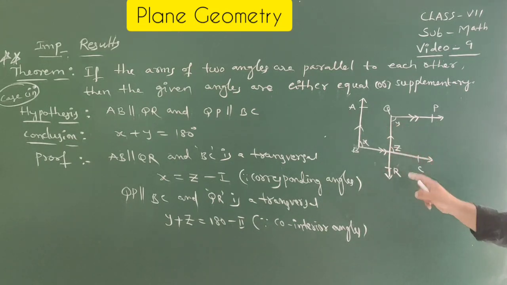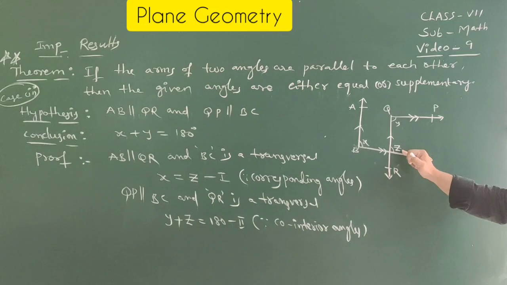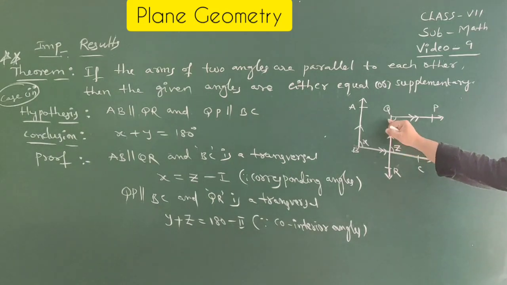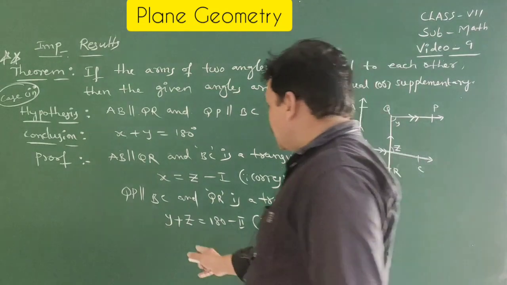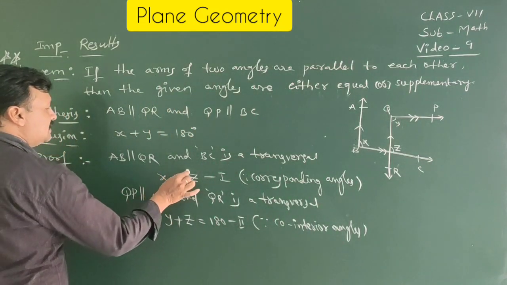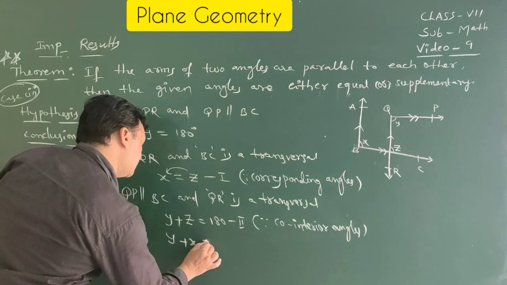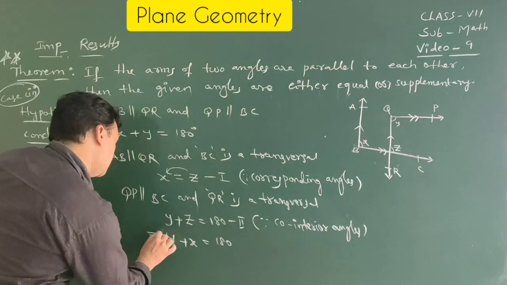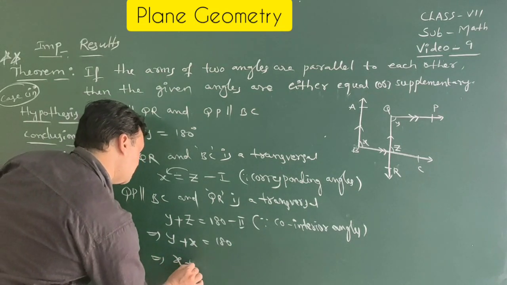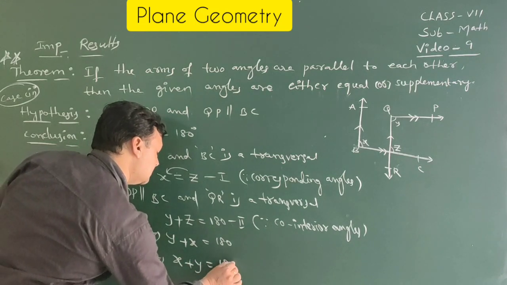Now Y plus Z equals 180 degrees because Y and Z are co-interior angles. If the lines are parallel, the formed co-interior angles are supplementary. So Y plus Z equals 180. Here Z is replaced by X. Then Y plus X equals 180. That means X plus Y equals 180.